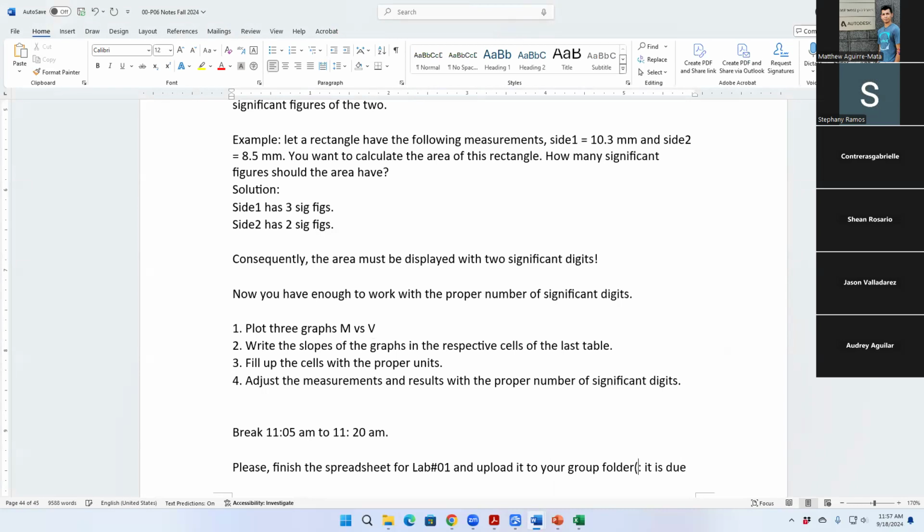Do that only for the spreadsheet. Okay, the spreadsheet is due.